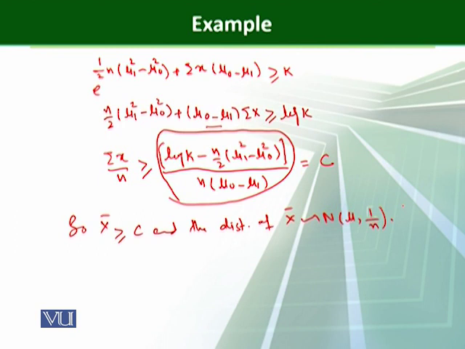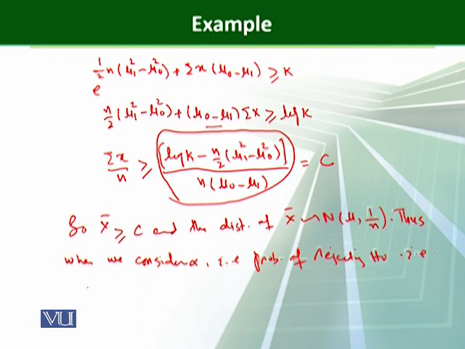Thus when we consider alpha, which is actually the probability of rejecting H naught, that is, alpha is equal to the probability under the null hypothesis that x bar is greater than or equal to c.